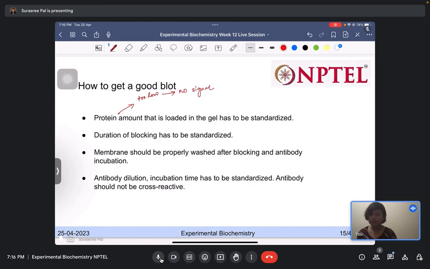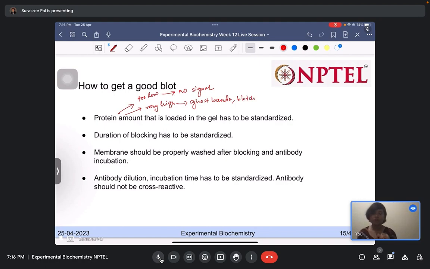If it is very high, then we will get these ghost bands, or we can get blotches on the blot.